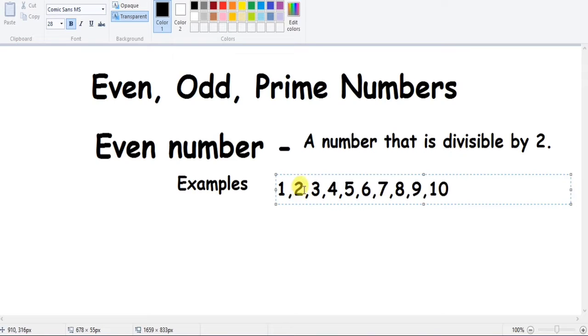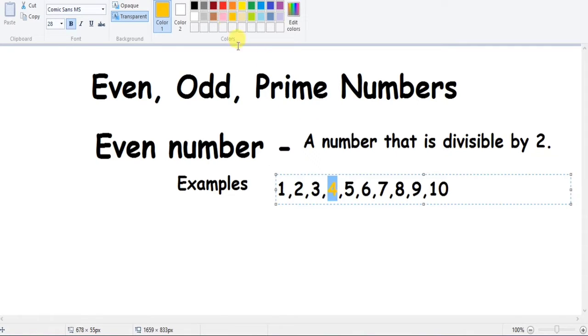Number 2 is divisible by 2 because when you divide it by 2 you get 1 without a remainder. Number 3 is not divisible by 2. Number 4 can be divided by 2. This makes it an even number.